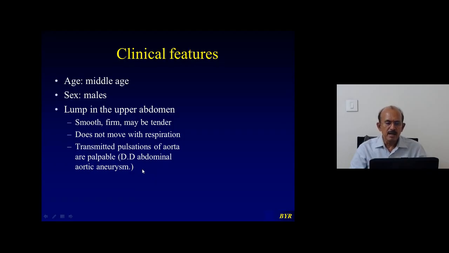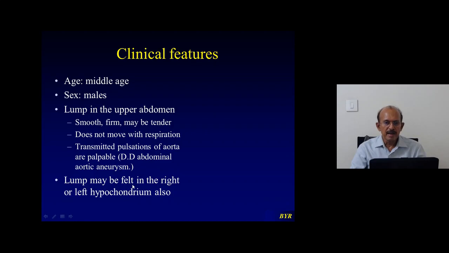Even if the case is not there in surgical wards, you can go to the gastroenterology department and inquire with the postgraduates there. They will help you find a case of pseudopancreatic cyst. Then you can look for these pulsations. This is a very, very important sign: transmitted pulsations of the aorta.